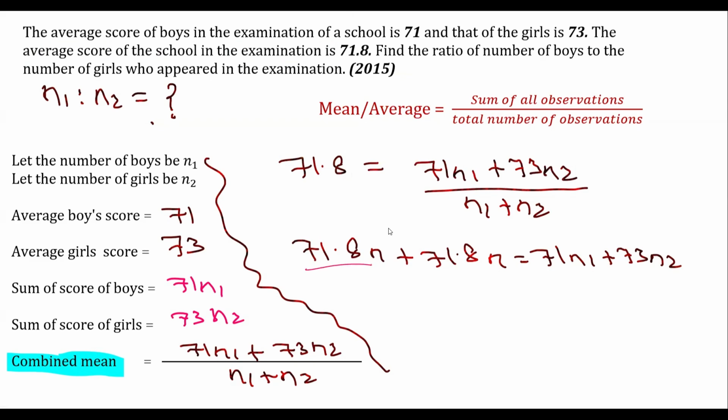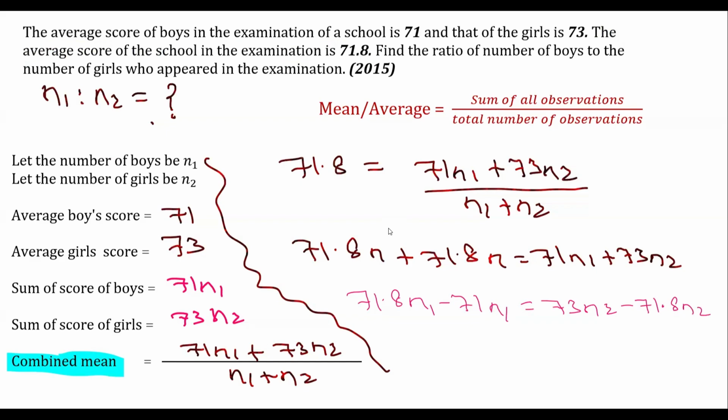I'm going to keep these two on the left hand side. So if I subtract, should I do it directly, or let me show it? 71.8 minus 71 n1. On the other side, it is 73 n2 minus 71.8 n2.